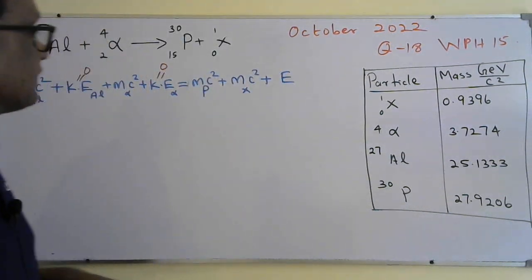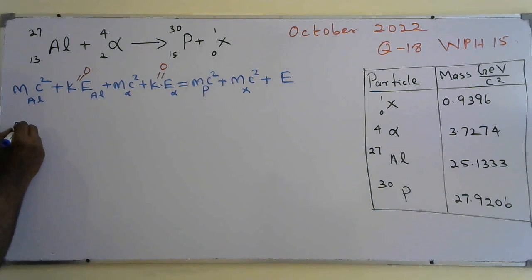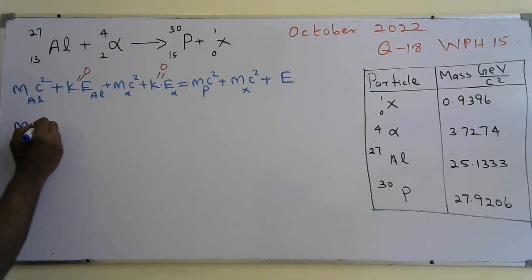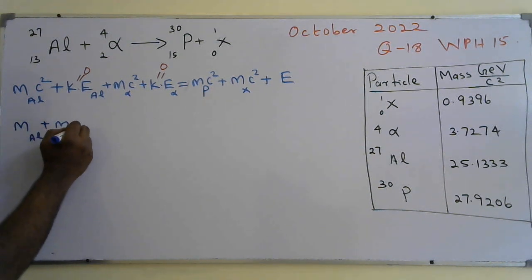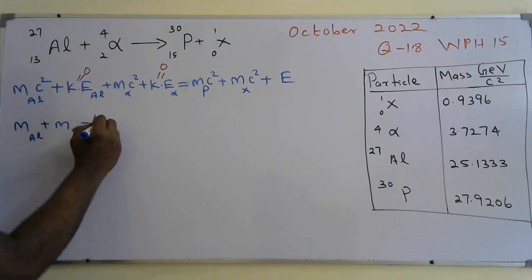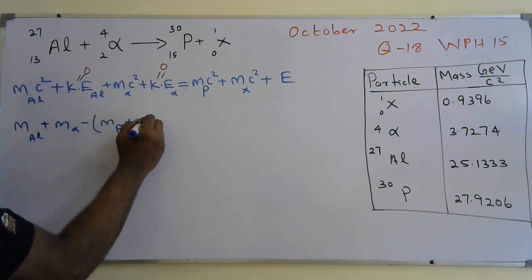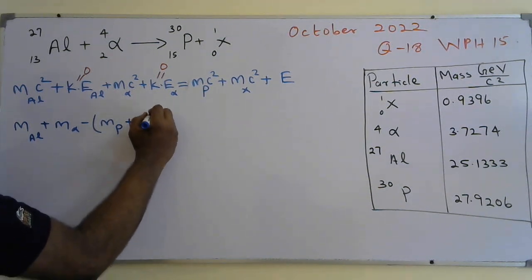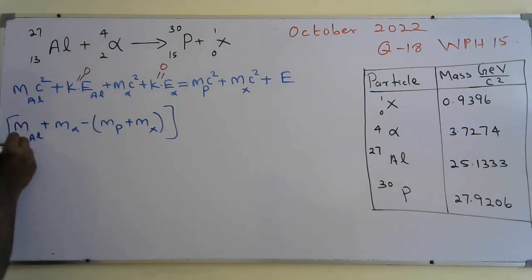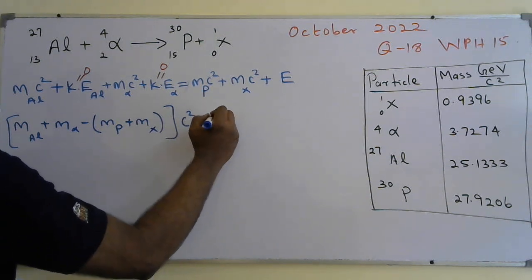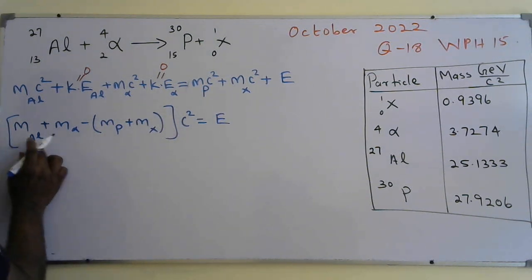So you may rearrange this equation. It will become mass of aluminium plus mass of alpha minus mass of phosphorus plus mass of X, that's a neutron, into c squared is the energy release. We know this is the mass deficit.